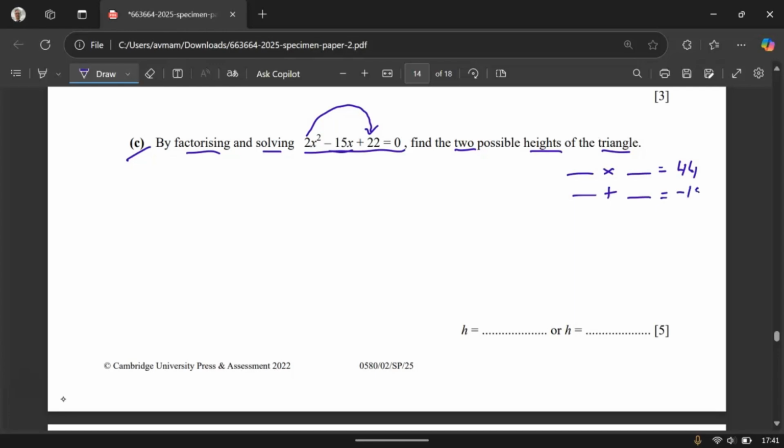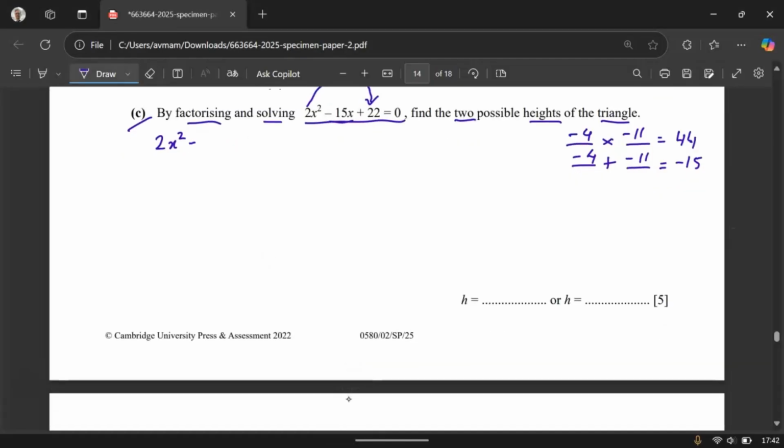So that is minus 15. Minus 4 times minus 11 will give you positive 44. And minus 4 plus minus 11 will give you minus 15. Let us factorize. So 2x square minus 4x minus 11x plus 22 is equal to 0.